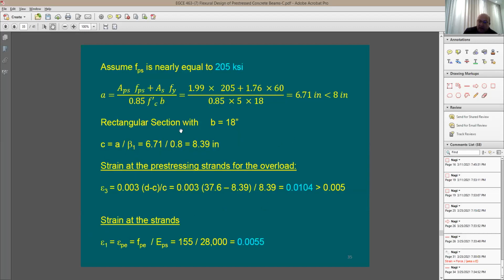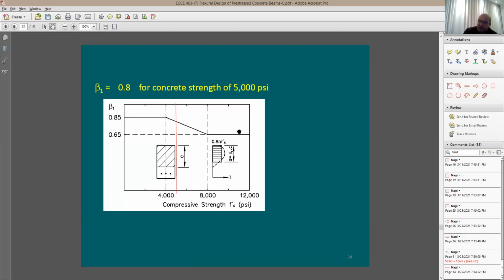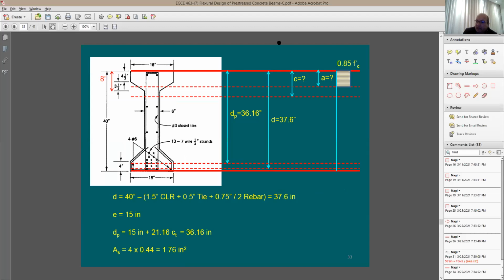So I'm going to go back and try to figure out the strain, by using two similar triangles. I'm going to say, okay, where's the strain distribution? Let me look at the strain distribution. This is going to be my datum, which is right here, and here's the strain distribution. It's going to be exactly like this.